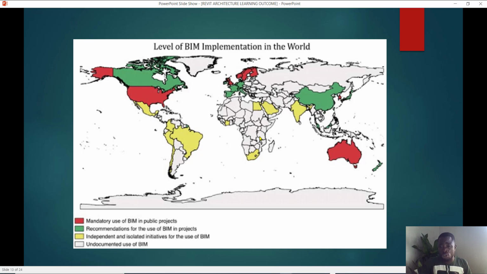So it is undocumented. I can cite an example like Ghana, where there is a huge shift from CAD to BIM, but there is no documented use of BIM.